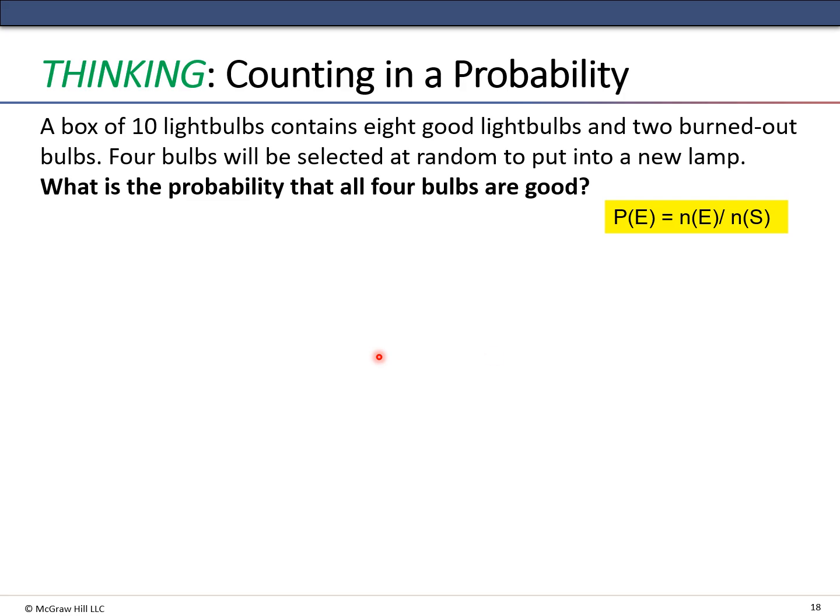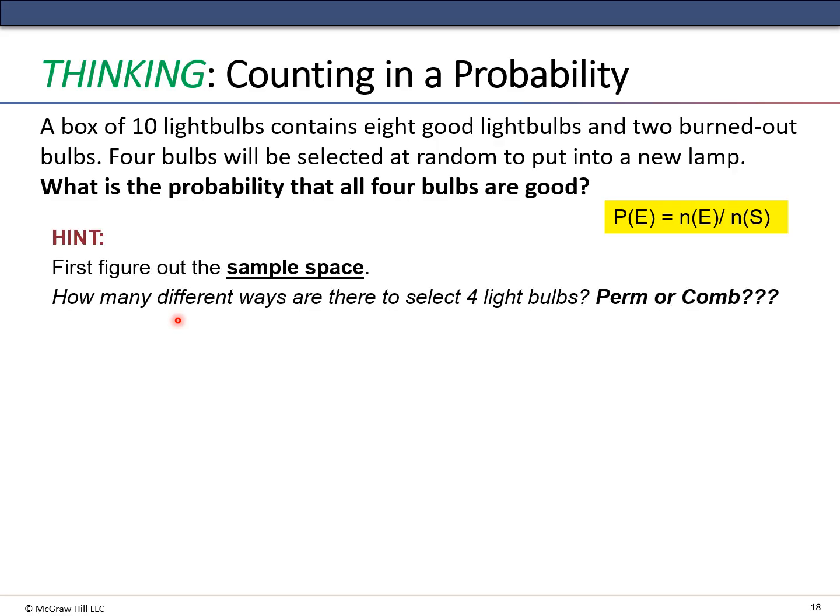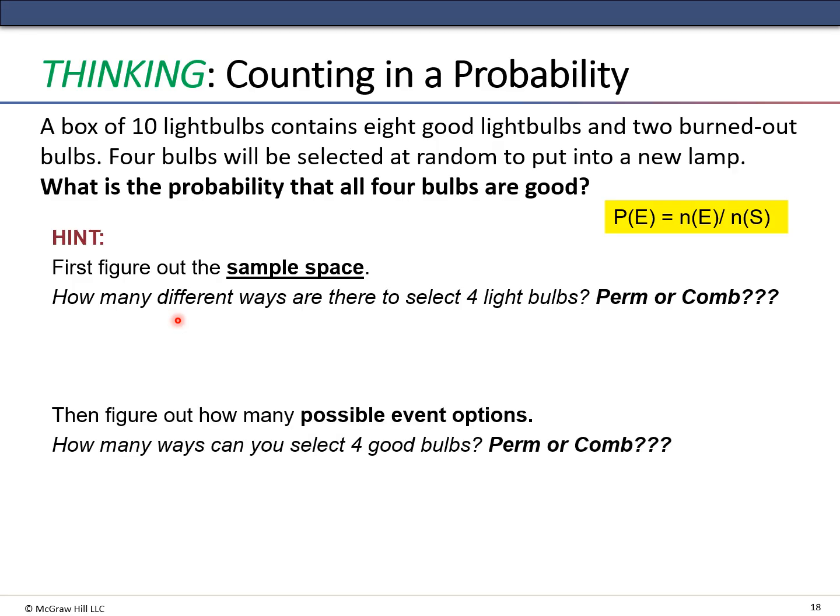However, our sample space, right, with 10 light bulbs selecting 4 at a time, again, changing the order of the bulbs in the sample doesn't change the sample, so this is a combination problem. Okay, so we have the combination of 10 things taken 4 at a time.